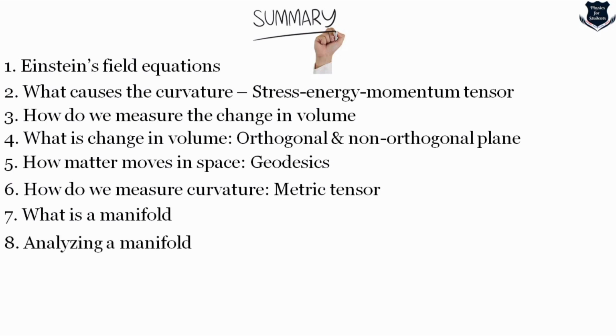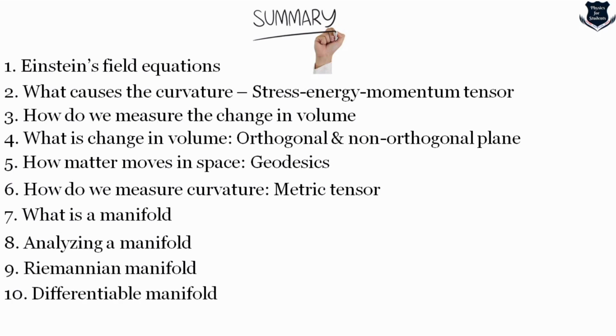We analyzed a manifold with its positive curvature, and how it is locally homeomorphic to a Euclidean space. We saw the Riemannian manifold, which helps us measure distance. We saw what a differentiable manifold is, and we saw what a Riemannian metric is, a measurement in order to calculate the distance between points on a curved spacetime.